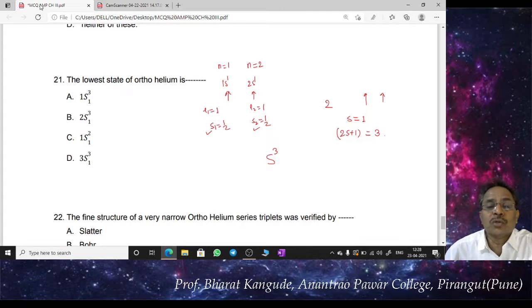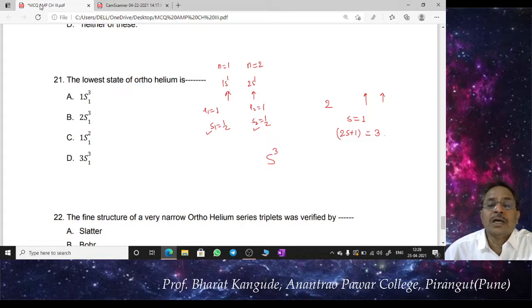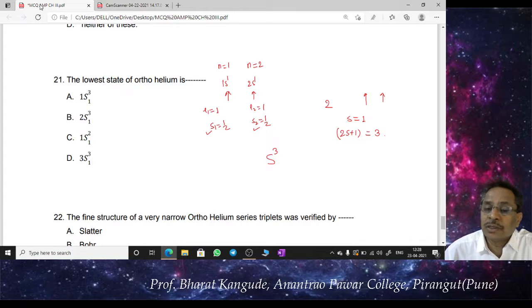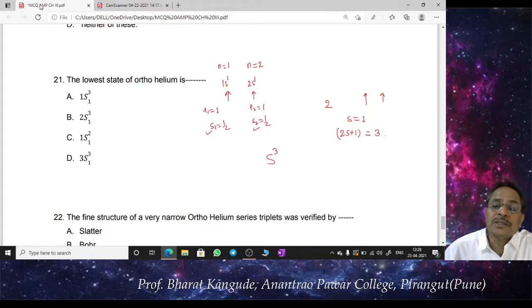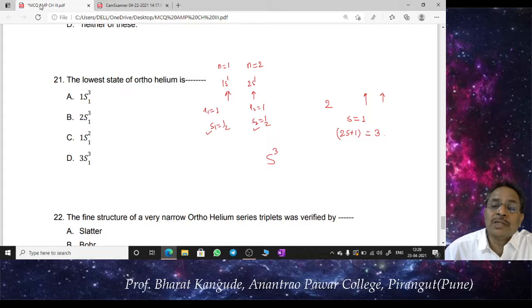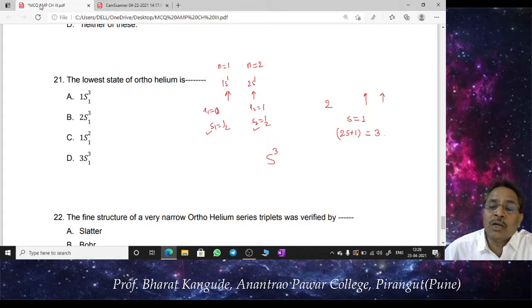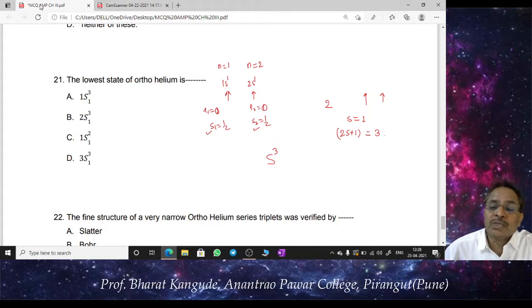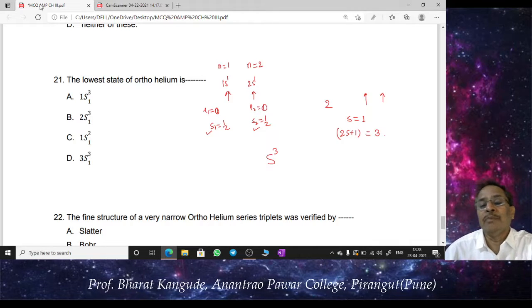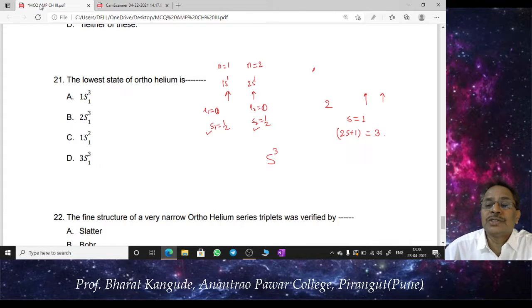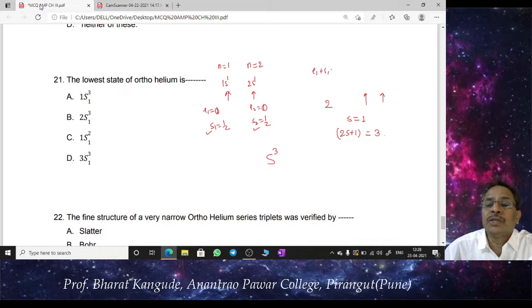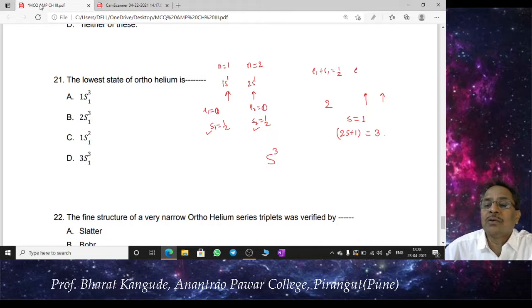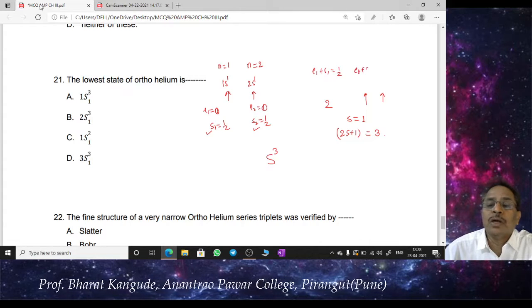Now for the calculation of the J value, sorry, we made a mistake here. Since this is in 1s and this is also 1s, both the values of L1 and L2 are 0 and 0. S1 and S2 are 1/2 and 1/2. So L1 plus S1 gives you 1/2, as does L2 plus S2.